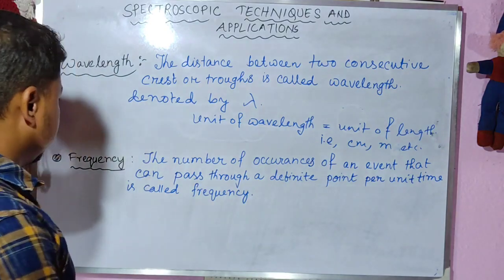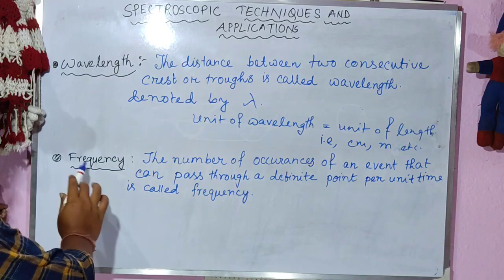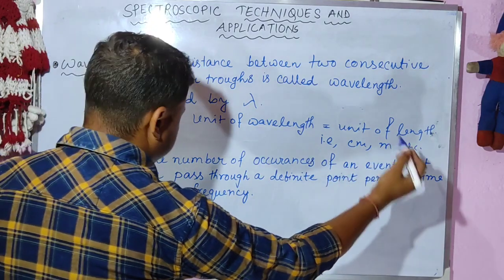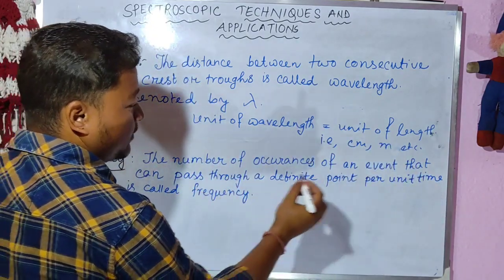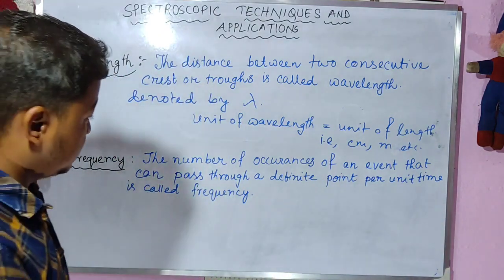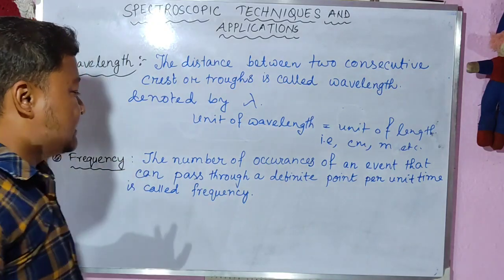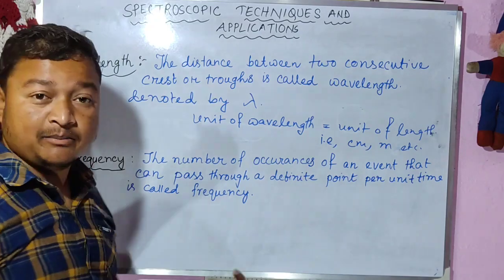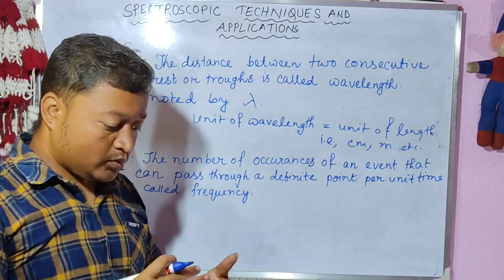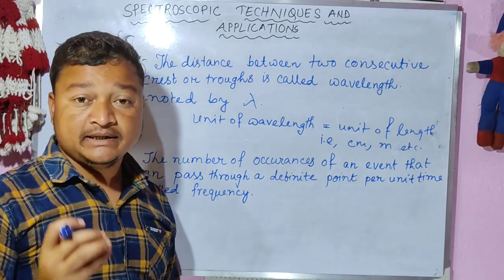Okay. Next is frequency. So the definition is the number of occurrences of an event that can pass through a definite point per unit time is called frequency. So frequency is a number, and which number? The number of times one event repeats in unit time.